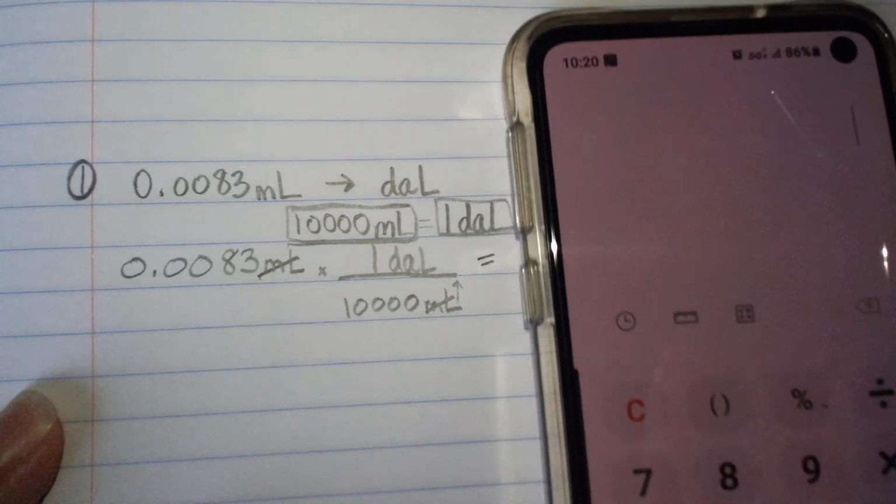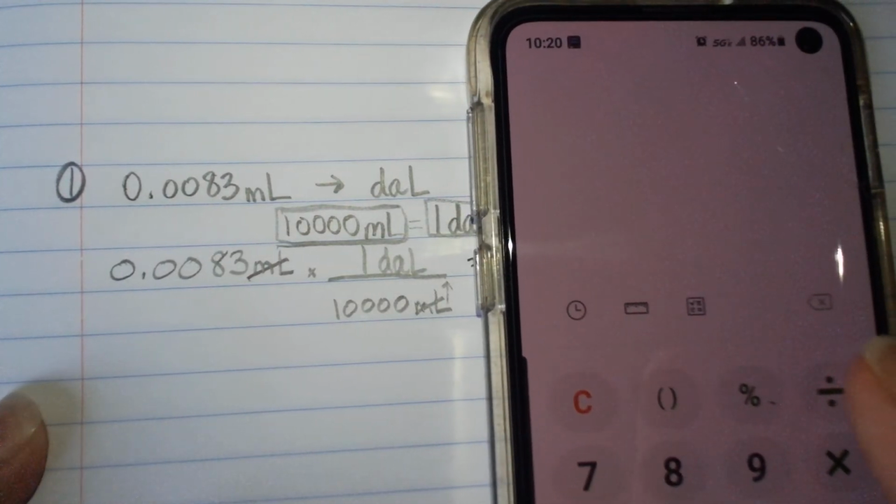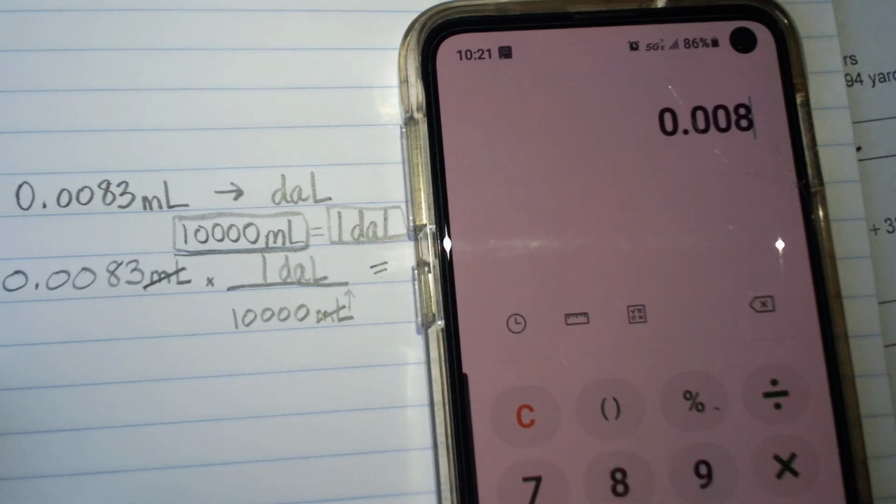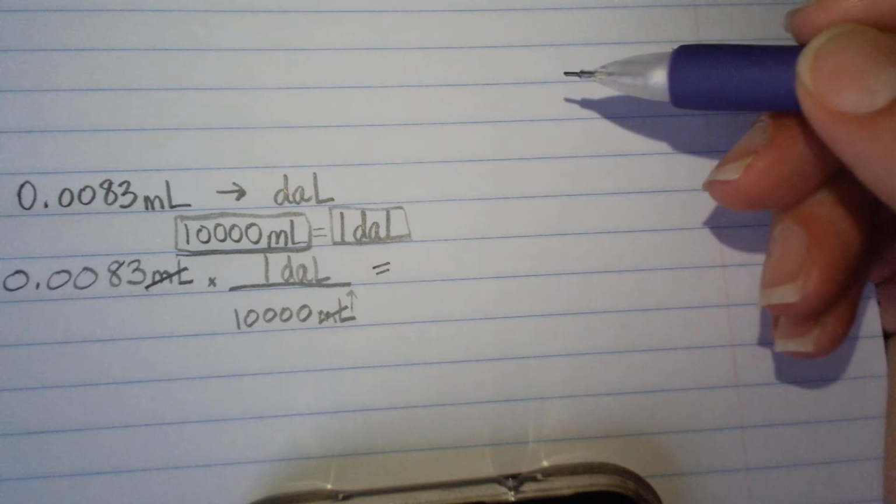Okay? So if I have my calculator here, hopefully you can see that. And if I go 0.0083 divided by 10,000, that's what I'm going to get. Oops, you can't see that.